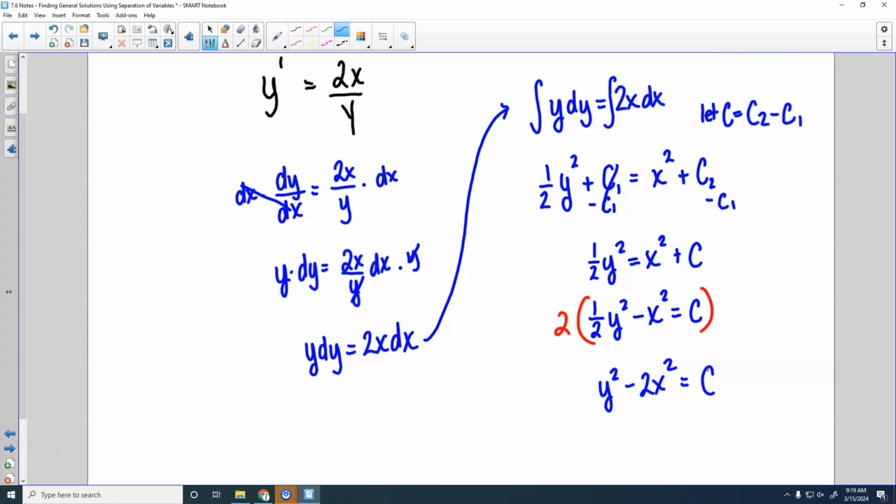You could write 2c if you wanted, but a lot of times that c just absorbs everything that's done to it. What I would probably do, though, is I did this first time to explain why there's only one C. Usually I just put one C. You don't have to put it on both sides. And we'll see that on the next problem.